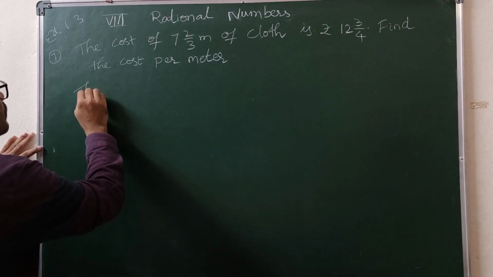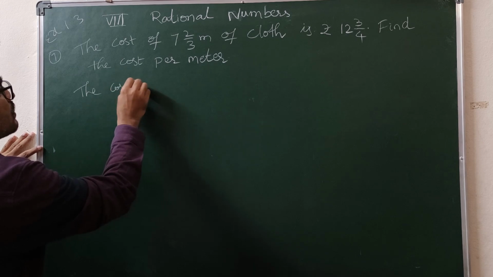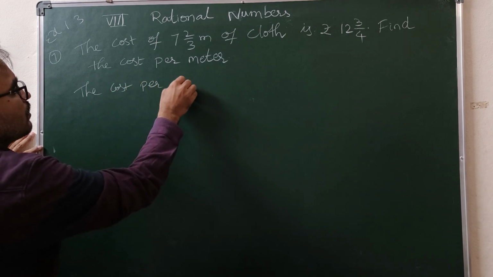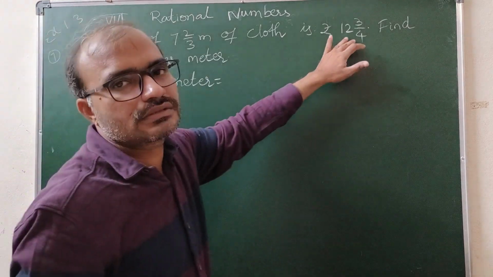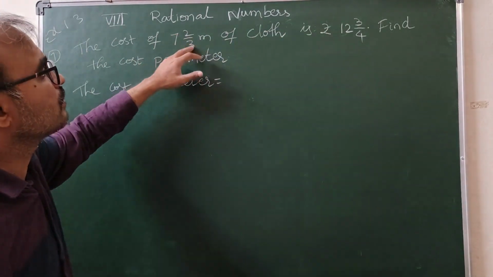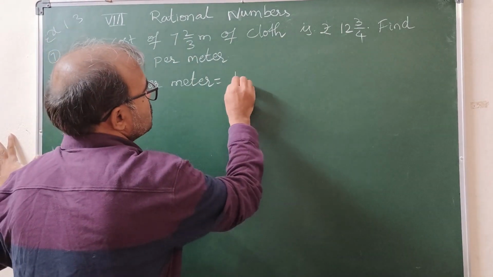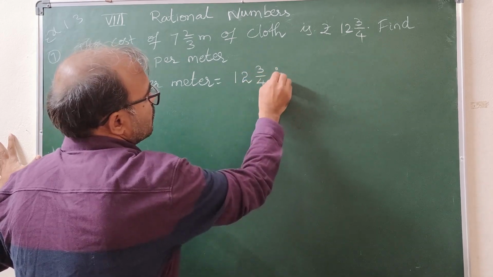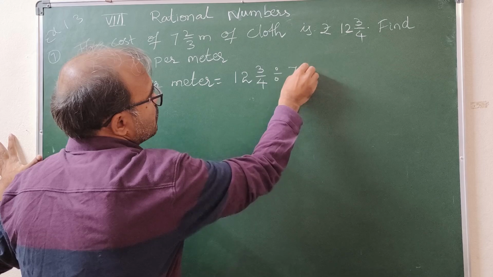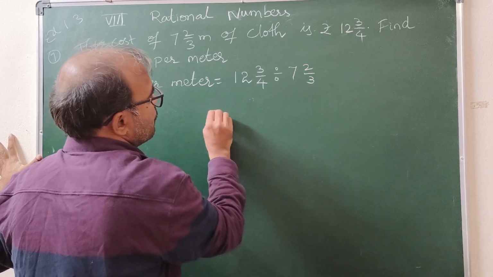Therefore, the cost per meter of the cloth is: you have to divide the cost by these 7 2/3, so it is 12 3/4 divided by 7 2/3.